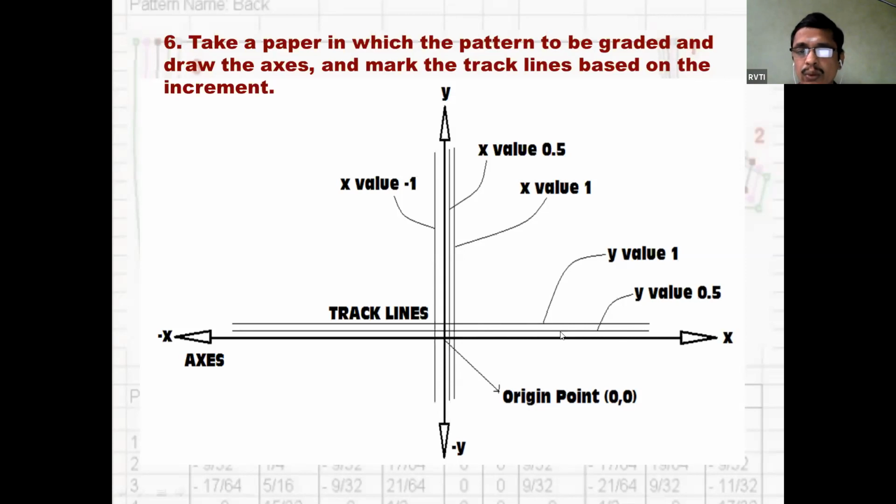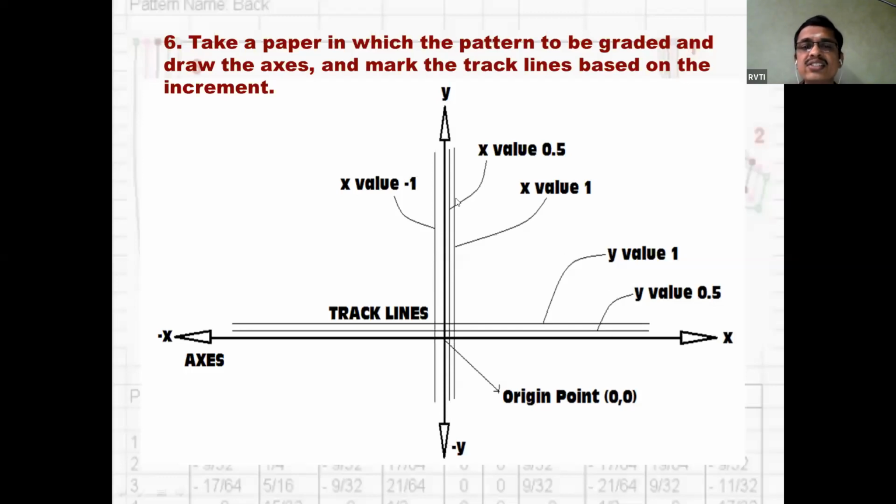I am drawing this line parallel to the X axis, but the distance is in the Y direction. For that reason, this track line belongs to the Y direction and this one belongs to the X direction. When I move the pattern, automatically the point moves from this point to this point. For the Y axis, I have to draw the line like this.